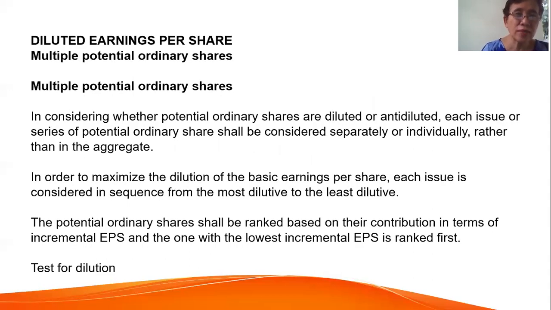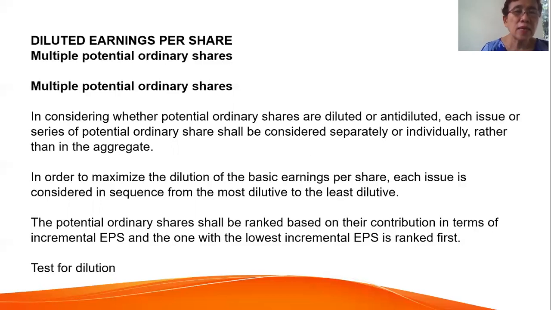Now, for diluted earnings per share, we have the multiple potential ordinary shares. In considering whether potential ordinary shares are diluted or anti-diluted, each issue or series of potential ordinary share shall be considered separately or individually rather than in the aggregate. So take note of this.